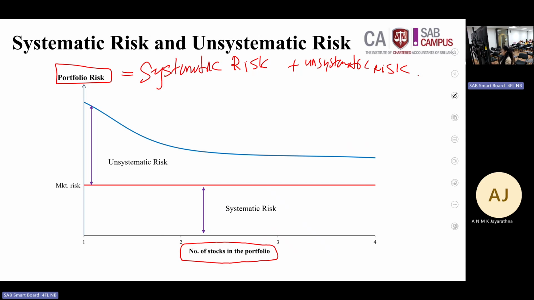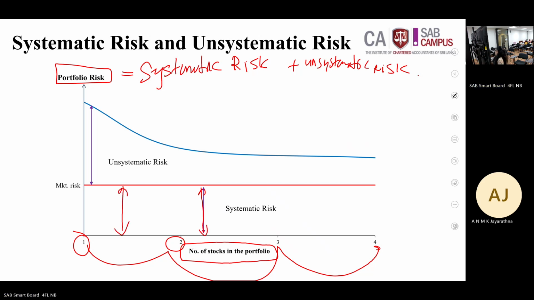So even if you increase the number of stocks in your portfolio, 1 to 2, 2 to 3, 3 to 4, and likewise, you can see that systematic risk is constant at every point. Right? Systematic risk is because of the macroeconomic factors.